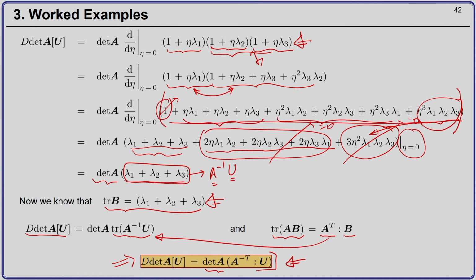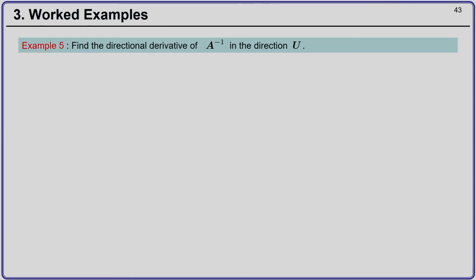Once we have done this, we move to our next example, where we want to find out the directional derivative of the inverse of a tensor in the direction of u. What we want to say is, if A gets incremented by u, what is the change in the value of A inverse? How much change is there?